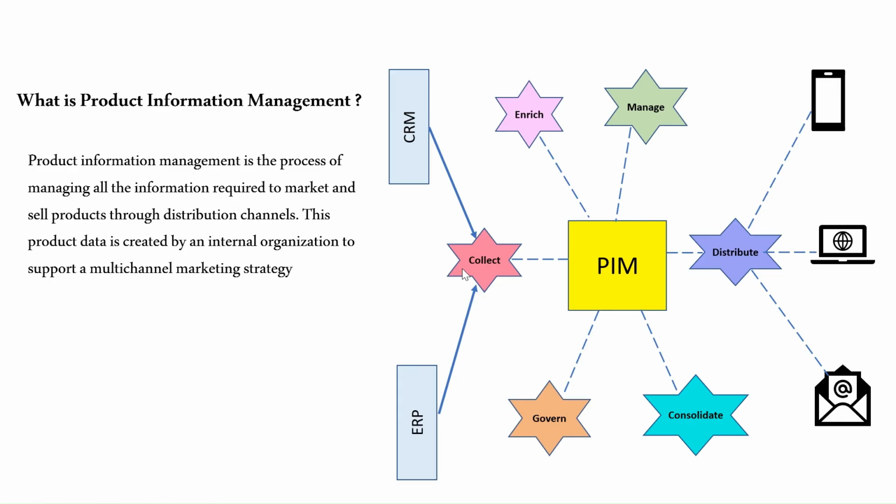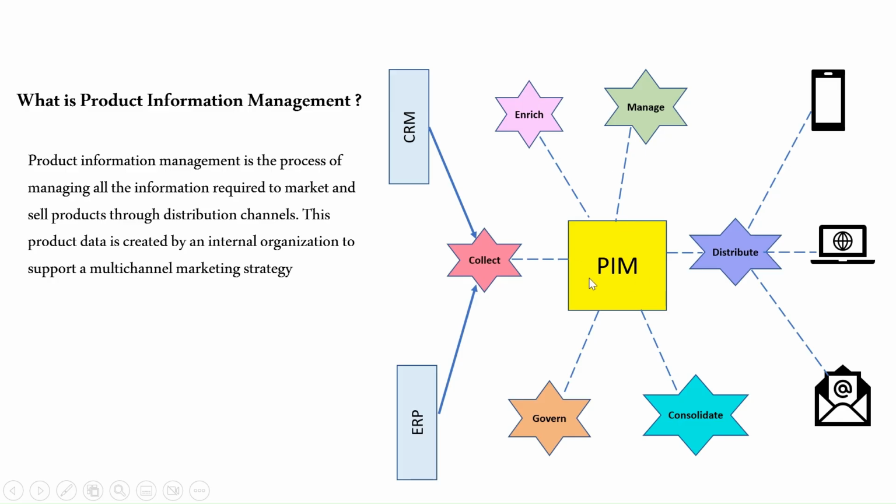Suppose I take the example of Amazon itself. Amazon is getting products from different sellers. It is taking the data from different suppliers and different sellers, and it is collecting this data, right? So the product information management tool collects the data, and after collecting it, it enriches the data.